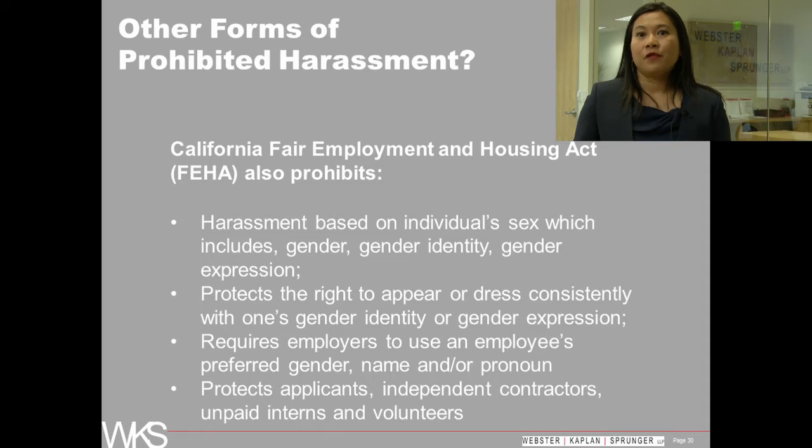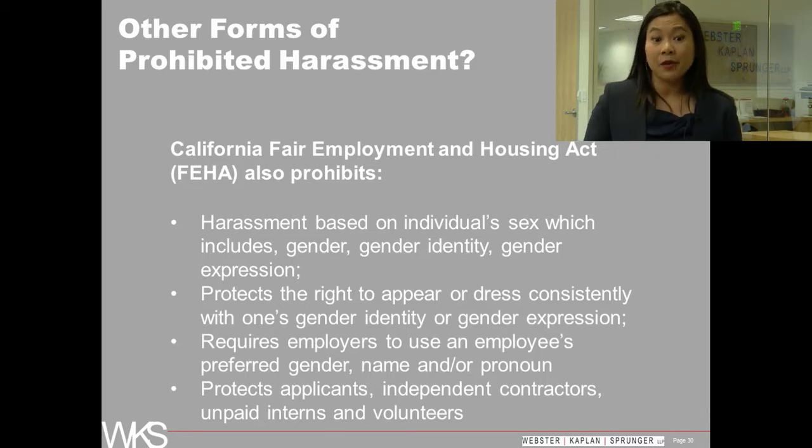But what about other forms of harassment? We've already talked in pretty good detail about what sexual harassment involves and the elements that are involved in it. But what about the other categories I mentioned at the very first slide? One of which is gender, gender identity, and gender expression. How does that fit into our discussion today? Well, both California and federal law, as I've stated, also prohibit discrimination and harassment based on these categories.